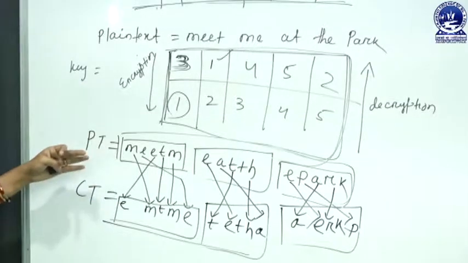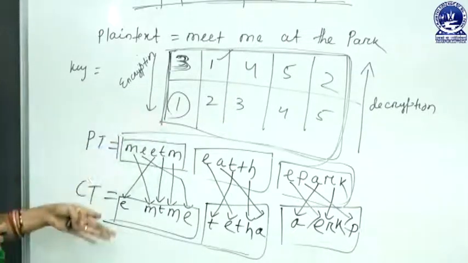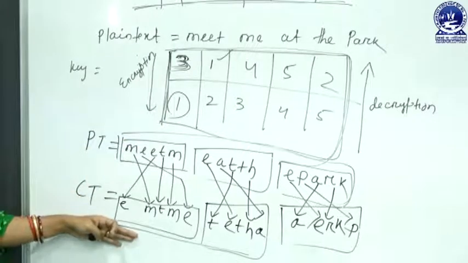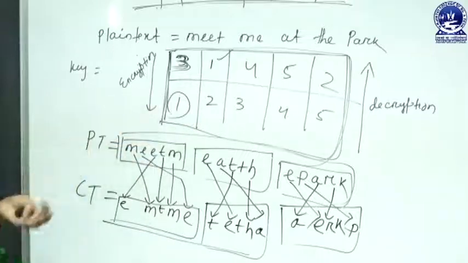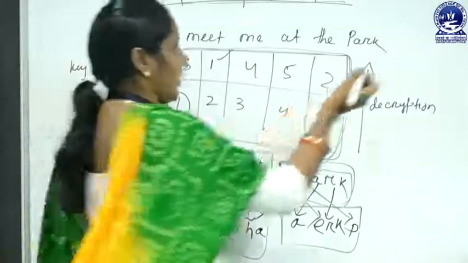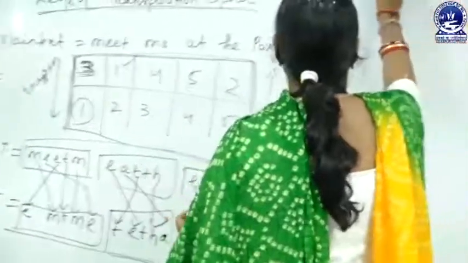Now, we do the decryption process, that means we take the ciphertext block and apply this key and generate the plain text. Now, look at the decryption process.